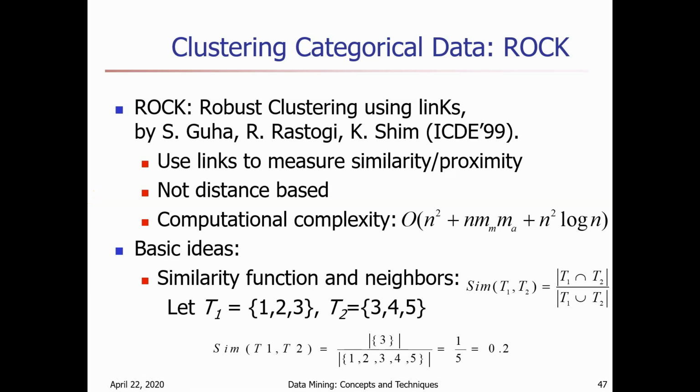See, in the ROCK algorithm, we are finding the clusters based on the similarity or proximity of their neighbors. So it is not a distance based algorithm. Here we are using only links.